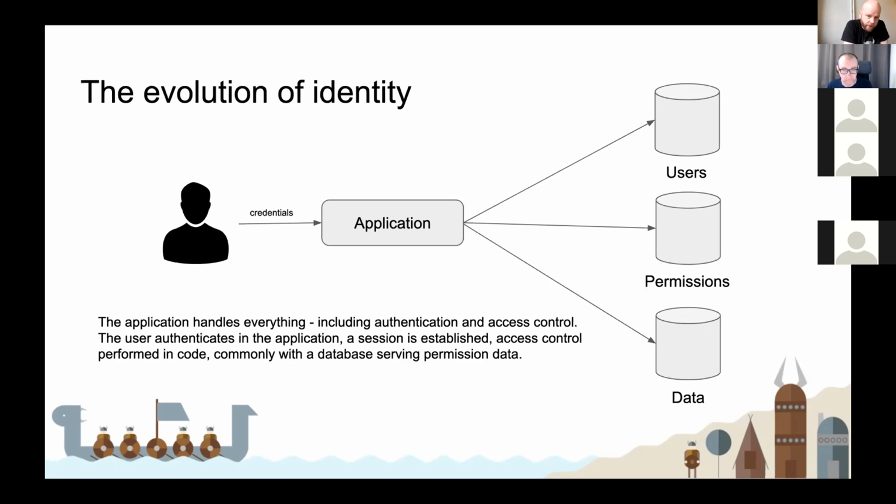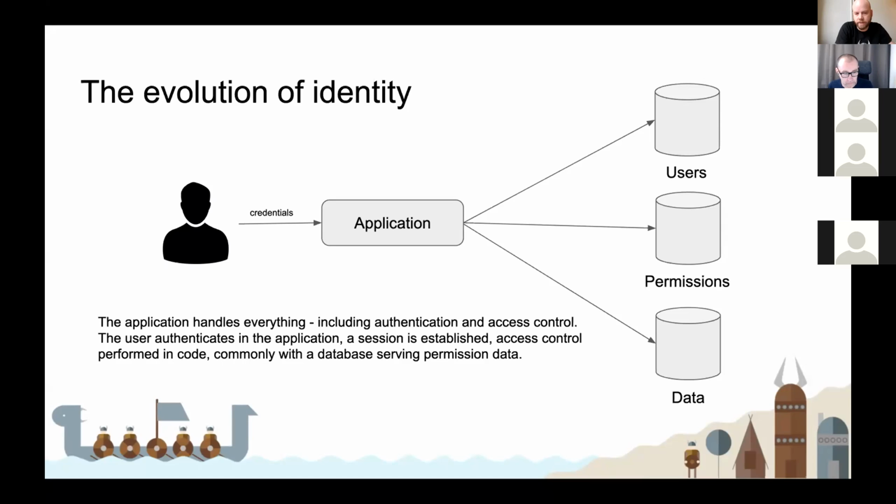In terms of identity and access control, the user just hands in their credentials, they log in, and the application tends to all these things: talking to the user database, the permission database, and eventually once the user is authenticated and authorized, it forwards a request to get some actual data.